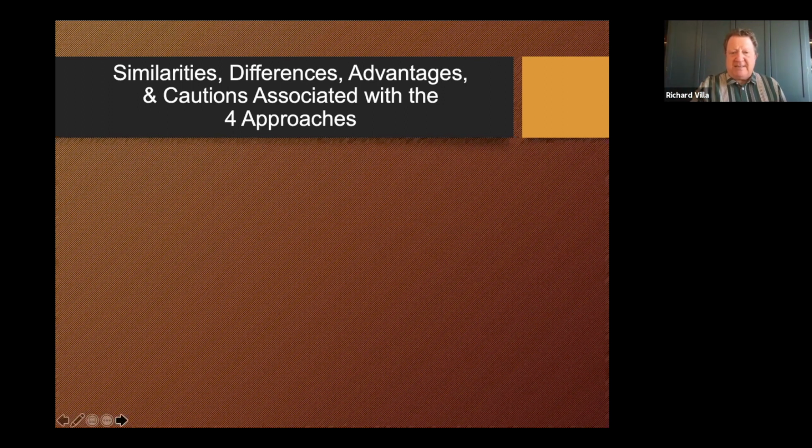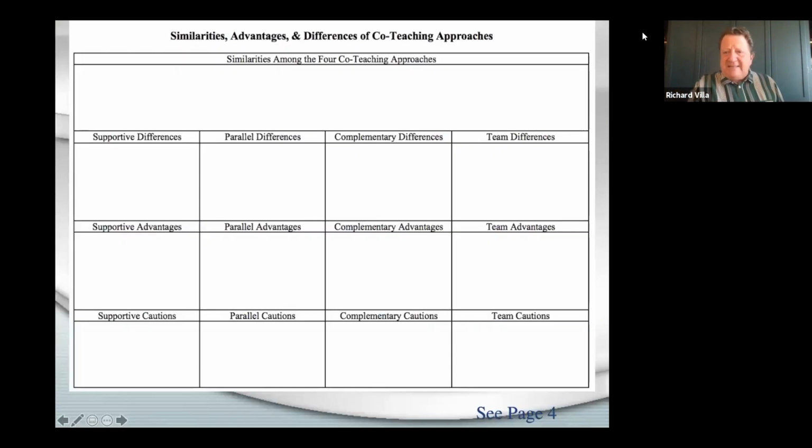Now, in your handout, we've given you a blank template. If we had a longer period of time with you, we would go through each of these approaches in much more detail with much more video footage, and you would be filling this graphic organizer in as you went along. You'll note on it that we're using the terms supportive, parallel, complementary, and team.